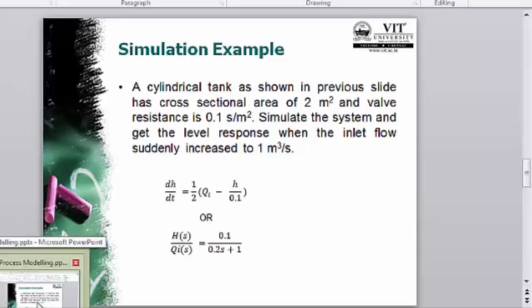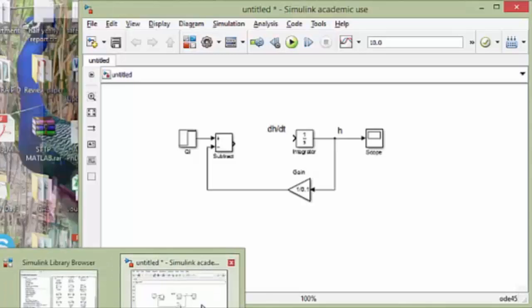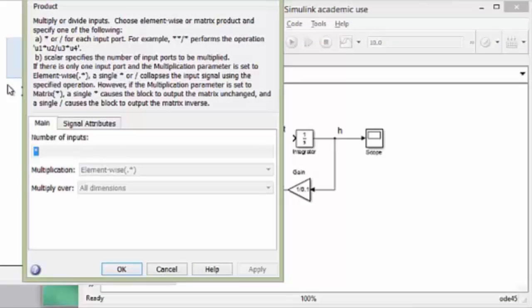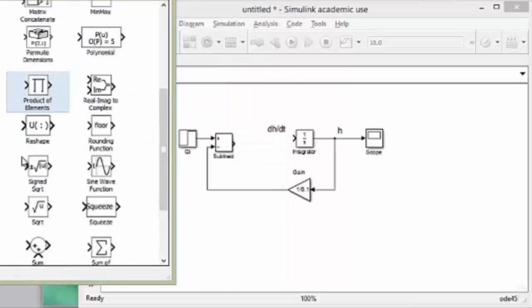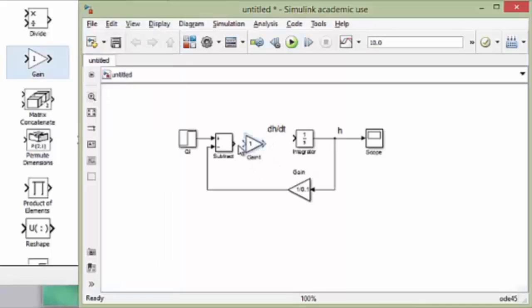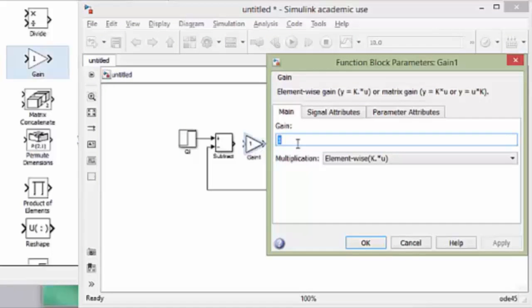So cross-sectional area is 2 meters square, so I have to again include a gain block with value 1 by 2. So another gain block is added, and the gain value is modified as 1 by 2.